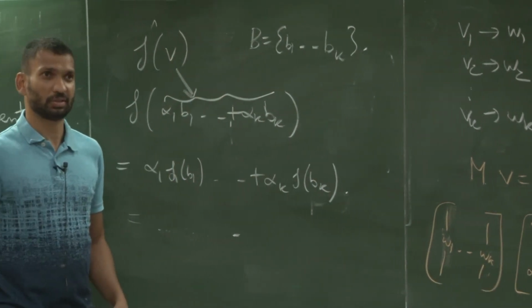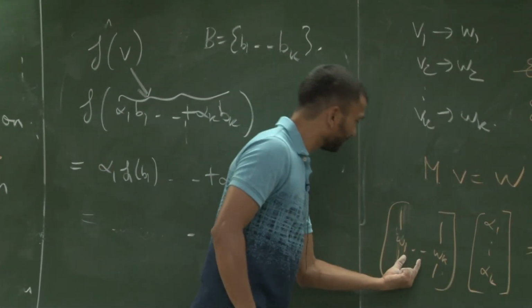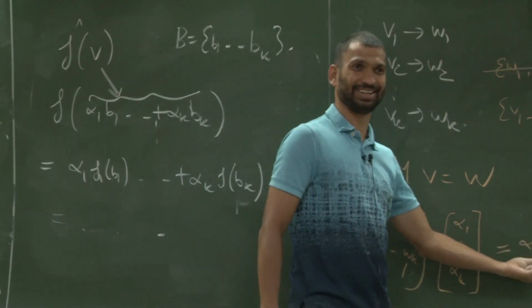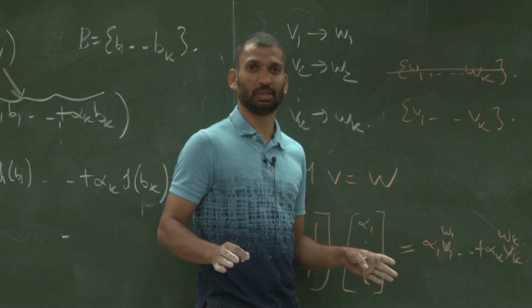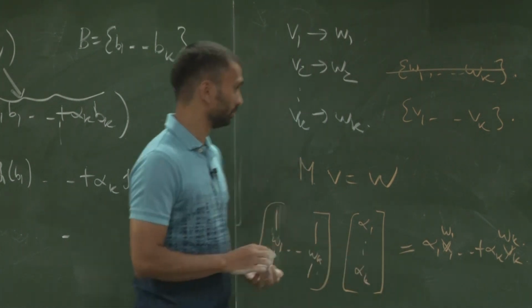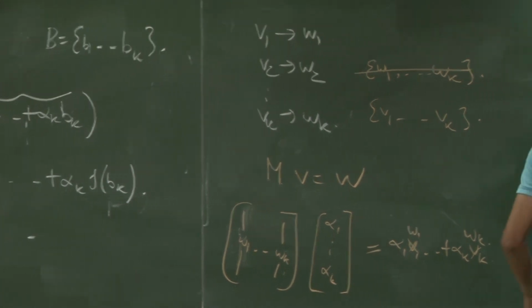This is your matrix representation. And the idea is, this times this is exactly this. This is the way to interpret your matrix multiplication. Right?